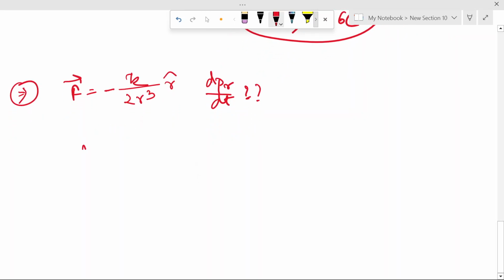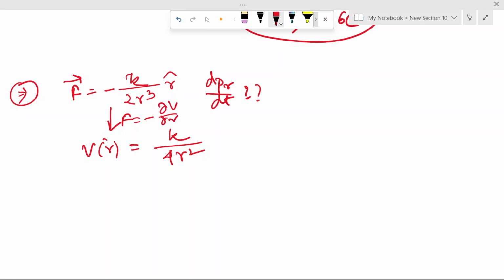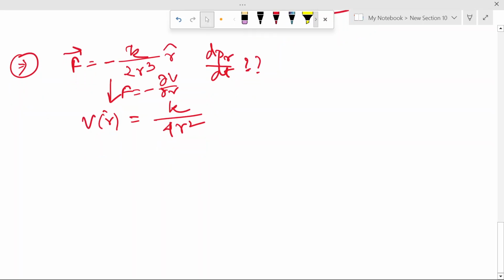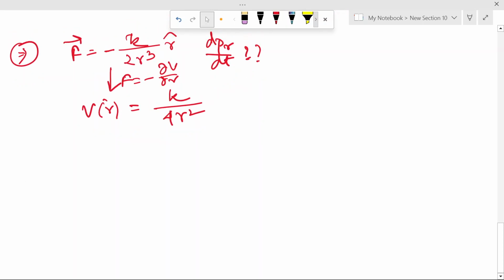So you can easily find the potential by integrating it, which is basically k by 4r square. These are related by F is equal to minus del V del r. Now you have found the potential, sorry, there is a minus sign here.